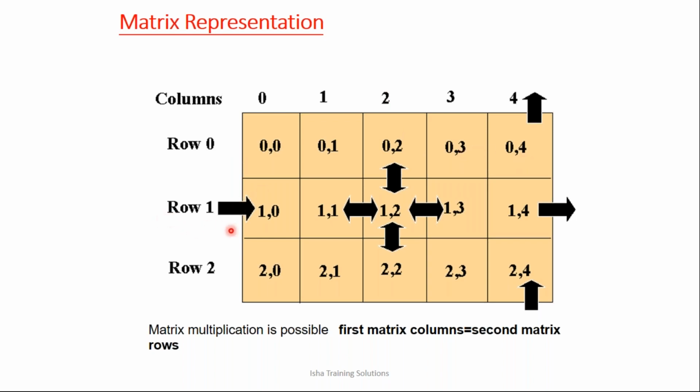Similarly, this one is row 1, so we can access it by using 1, 0, 1, 1, 1, 2, 1, 3, 1, 4 like that. Okay, and this is row 2. So we are having three rows: row 0, row 1, row 2, and columns of size 5: 0, 1, 2, 3, and 4. This is what the general matrix representation is.